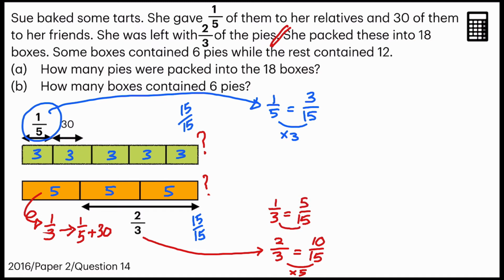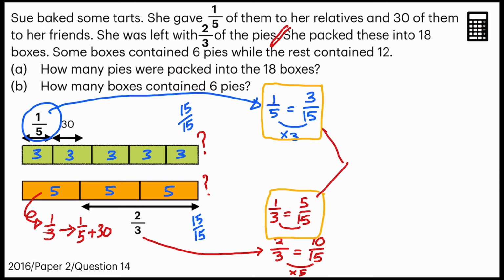Okay, then let's compare this 5 out of 15 and this 3 out of 15. 3 out of 15 does not include 30 tarts, but 5 out of 15 includes the 30 tarts here. So what can you tell?